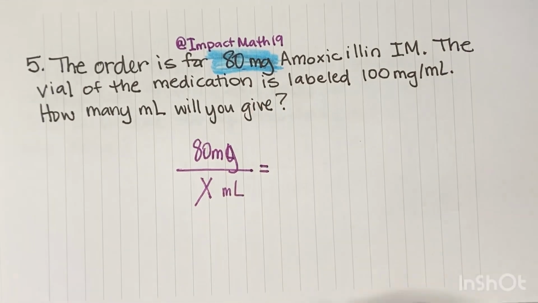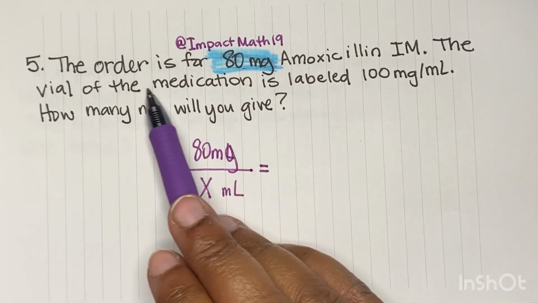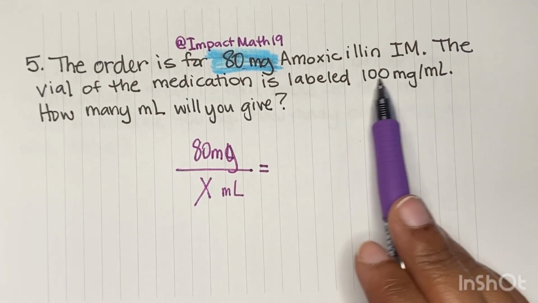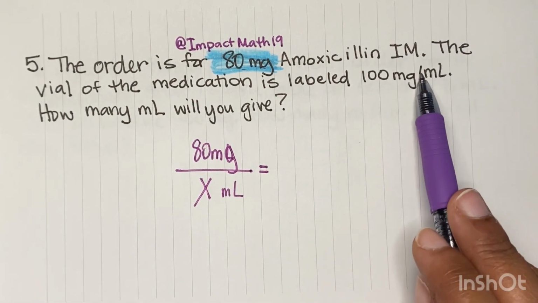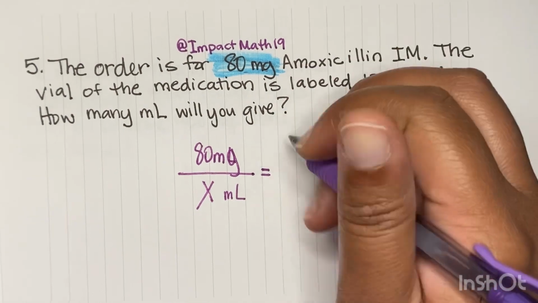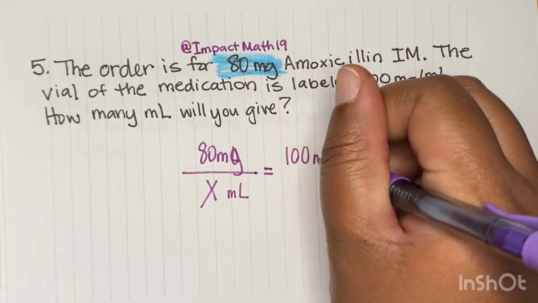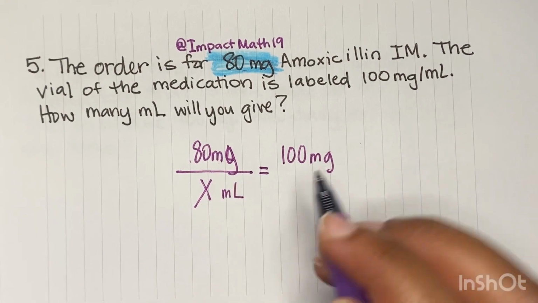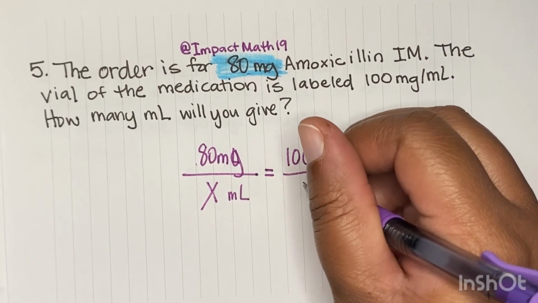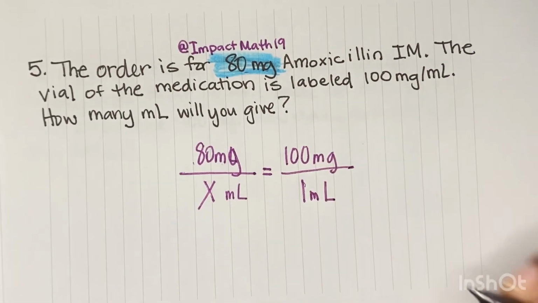We're going to set that equal to, now, they also told us that the medication is labeled 100 milligrams per milliliter. So we're going to put 100 milligrams on top because we chose to put the 80 milligrams on top over 1 milliliter. Okay.